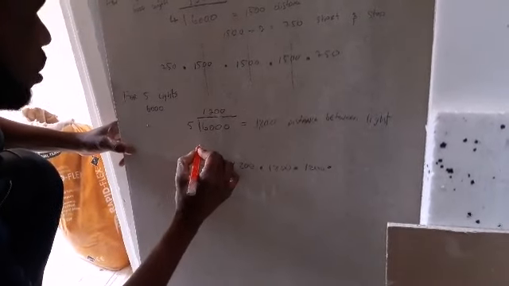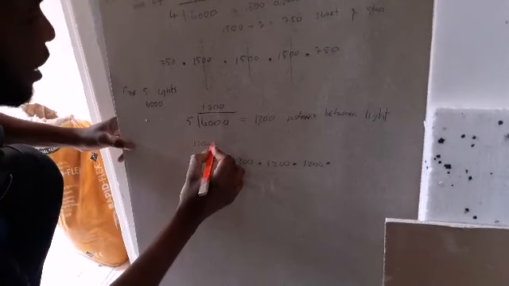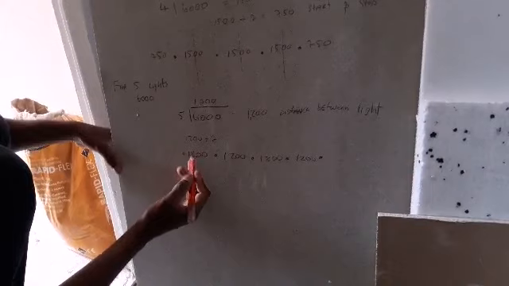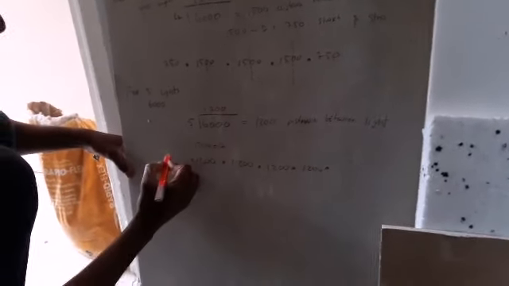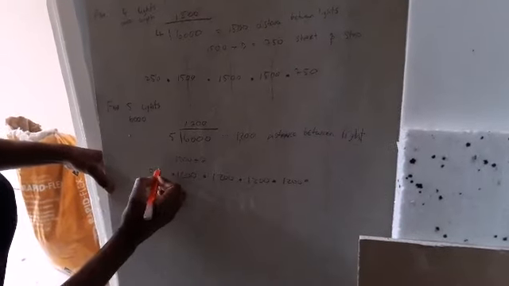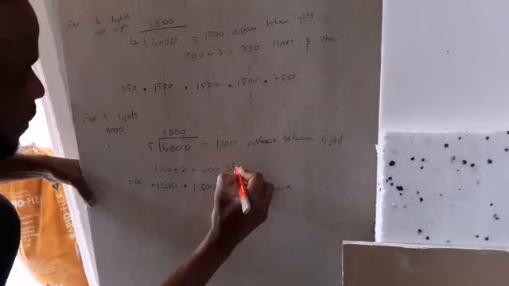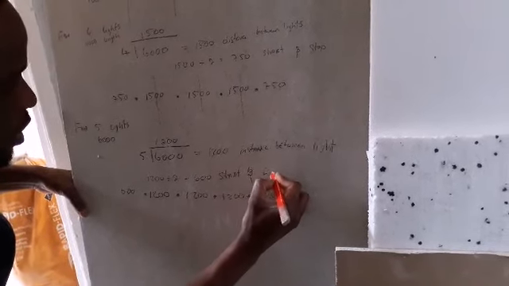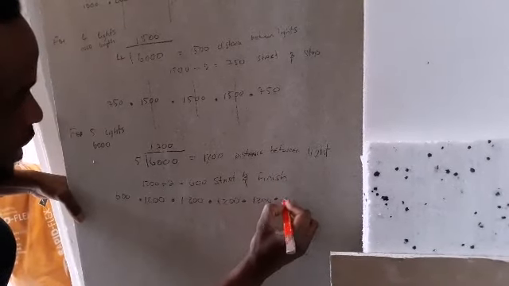So start and finish would be 1200 divided by 2. The start and finish is always divided by 2. So it's half of what the actual distance is between the lights. So this would be 600 for start and finish. Excuse my writing.